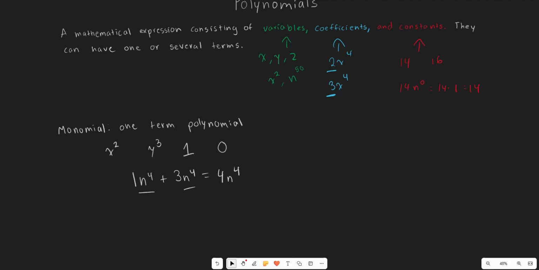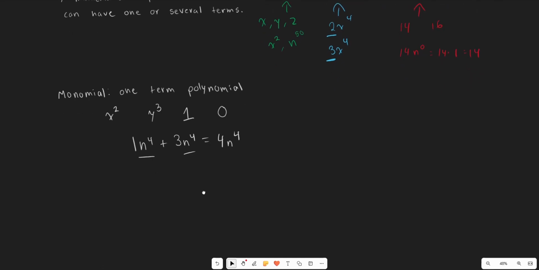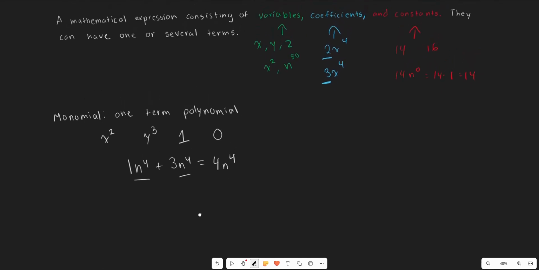Okay, so seems pretty simple. They're called like terms if they're the same variable and raised to the same power, and you can just add them. Now let's say we have 2 terms and we want to add or subtract them, but they're not like terms. That's called a binomial, which is just a 2-term polynomial.